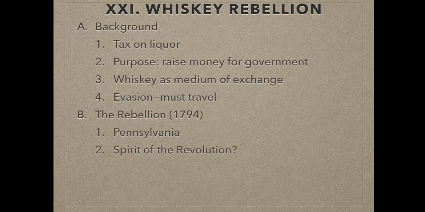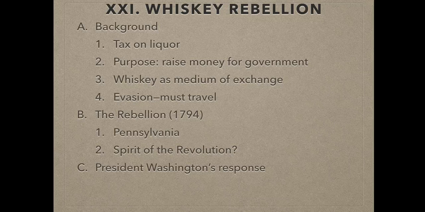But just like in Shays' Rebellion, the men who are in charge of forming the government and running the government, for the most part, are not going to approve of this. And so President Washington is going to declare that this is not acceptable, and he actually is going to lead 13,000 militiamen.